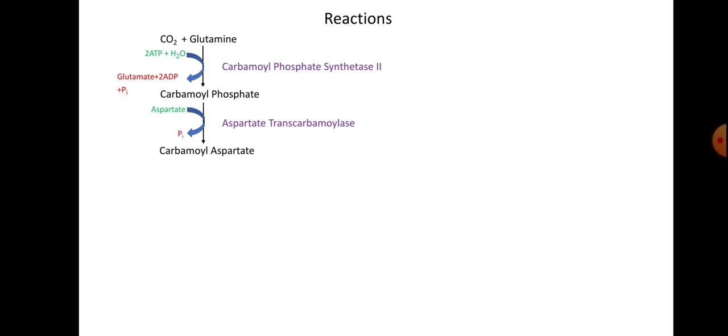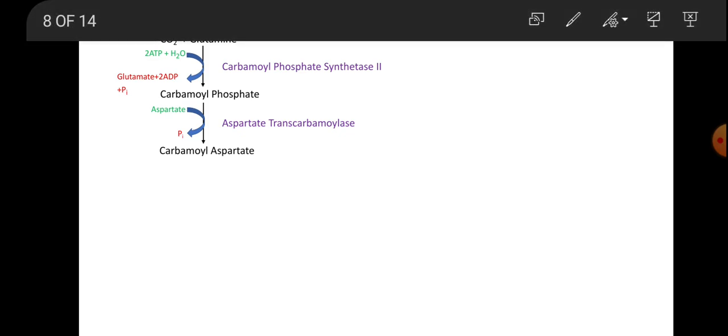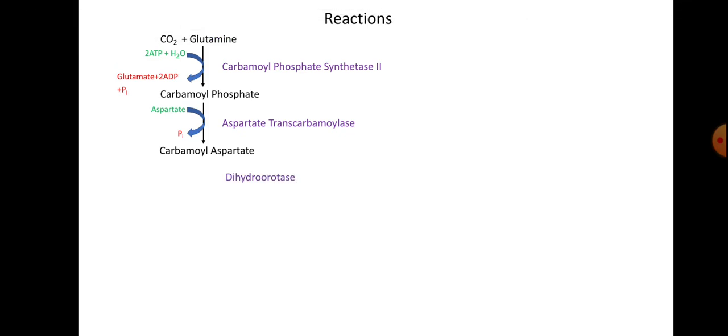Now, carbamoyl phosphate in the second reaction will condense with aspartate under the enzyme aspartate transcarbamylase and form carbamoyl aspartate. Carbamoyl aspartate will form dihydroorotate by the enzyme dihydroorotase. This is not a matter of whether dihydroorotate is only being formed, it's a matter of cyclization that is actually occurring to complete this cyclic structure. And during this reaction, carbamoyl aspartate is being made into dihydroorotate along with the release of water.